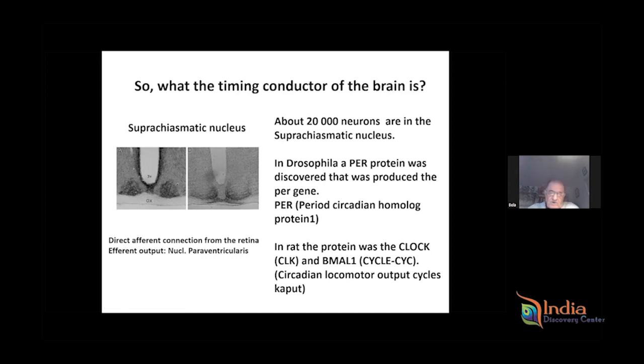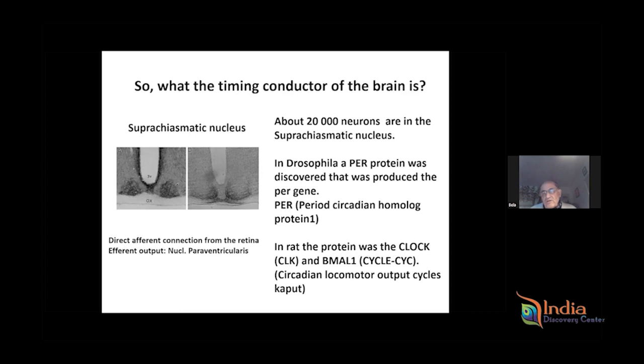So how important is the group activity? It shows that when they isolated the suprachiasmatic nucleus neurons and put them in a petri dish, they didn't see the circadian rhythm.